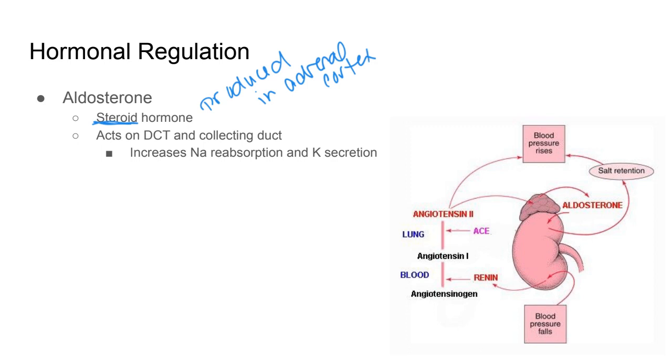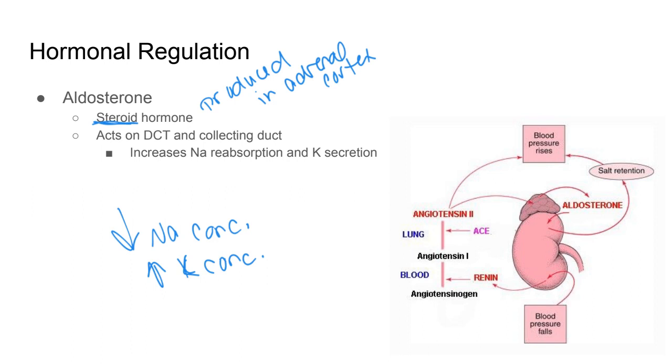So aldosterone is produced there in the adrenal cortex. It is released when your body detects a decrease in sodium concentrations, or a rise in potassium concentrations.